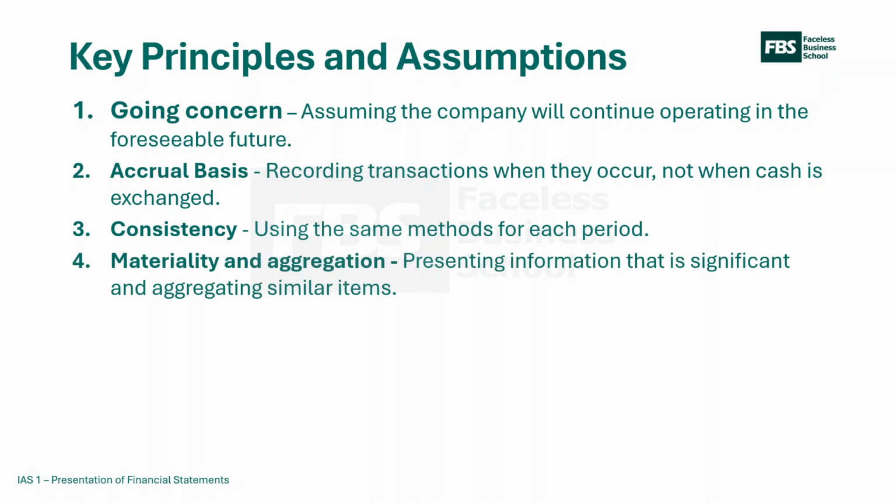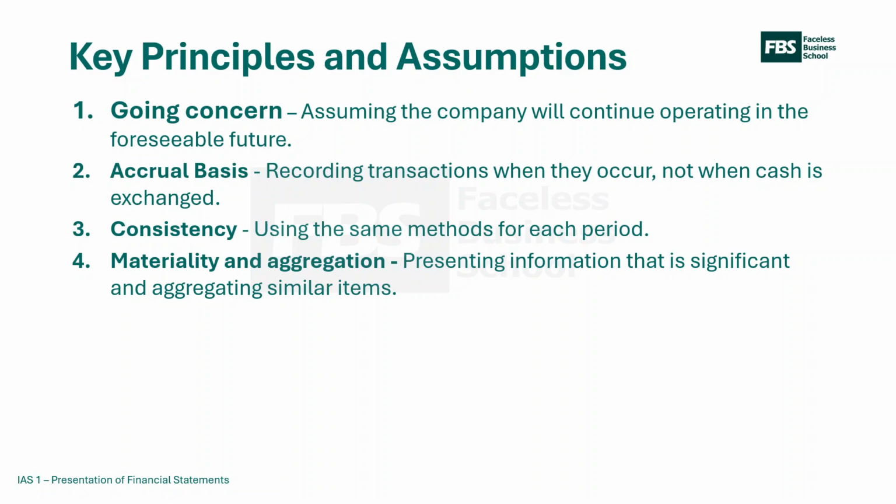Materiality and aggregation. Information is material if omitting, misstating, or obscuring it could reasonably be expected to influence decisions that the primary users of general purpose financial statements make on the basis of those financial statements. Each material class of similar items must be presented separately in the financial statements. Dissimilar items must be aggregated only if they are individually immaterial.